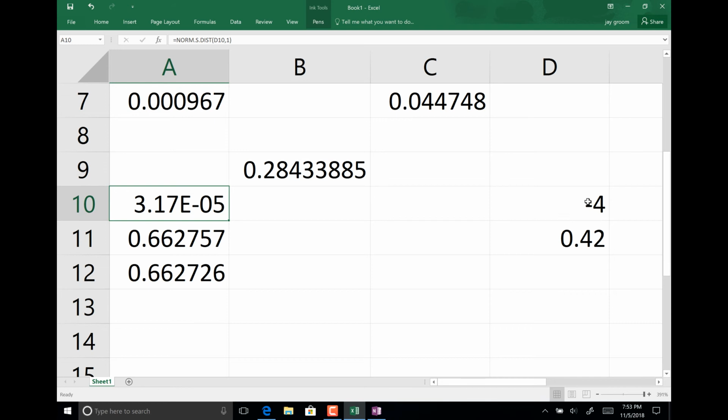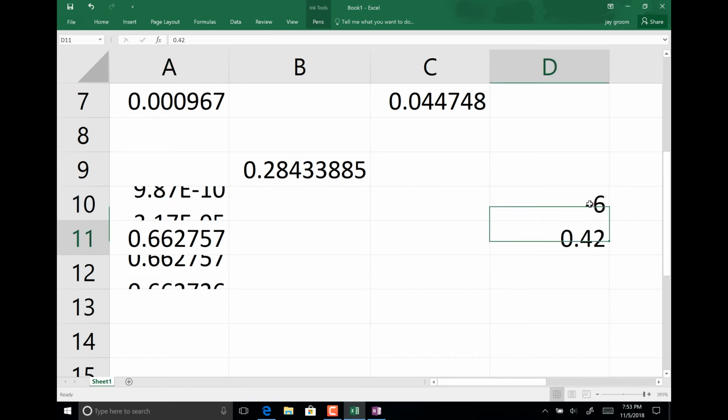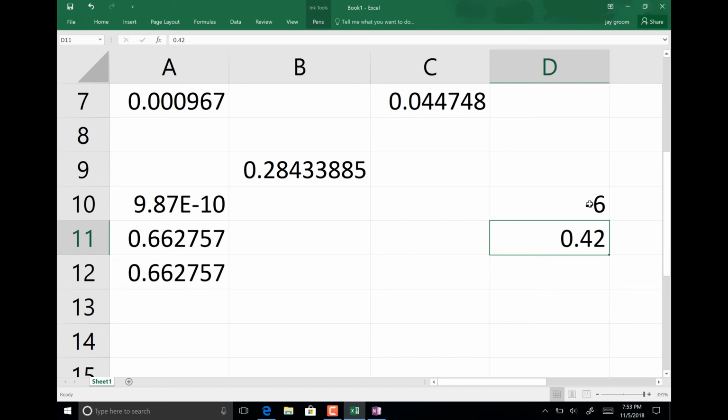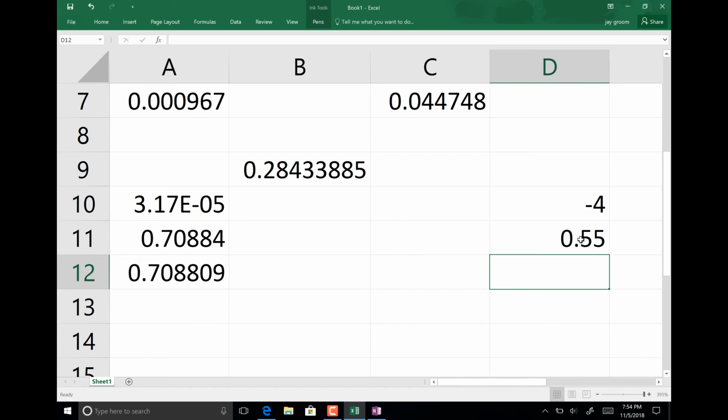Now, watch what happens. If you keep going down there just for fun, what if you went 6 deviations? It's still basically 0, yes? It doesn't change much at all. So I'm going to put this back to negative 4 just for fun. I'm going to point something out about that in a minute. And this is going to be what? 0.55? Nice. Notice that these two numbers here are for all intents and purposes the same, yes?